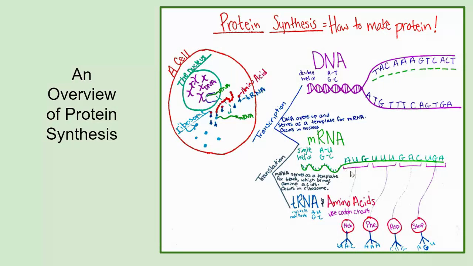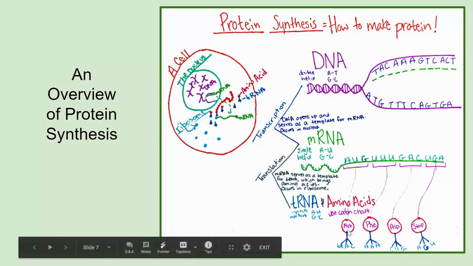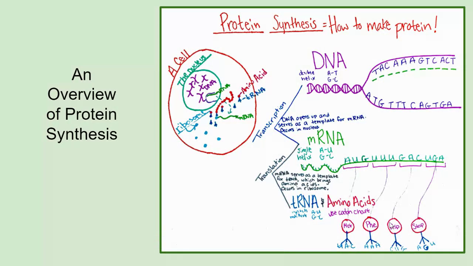Every 3 pieces of mRNA are part of this big code for making the protein, and every 3 pieces is called a codon. Every codon tells us which amino acid will be brought to the ribosome by a piece of tRNA. Those amino acids will then bond together, and when you have a bunch of amino acids, they form a large folded protein.